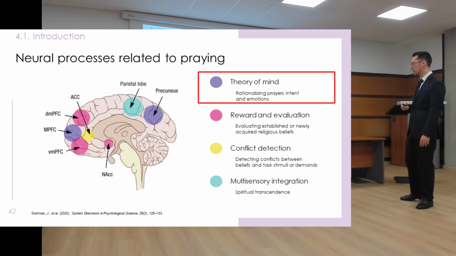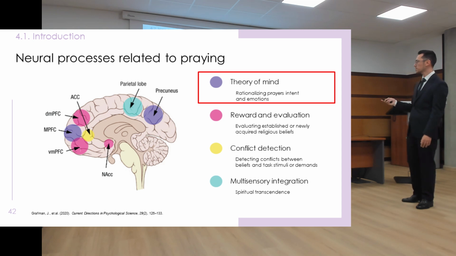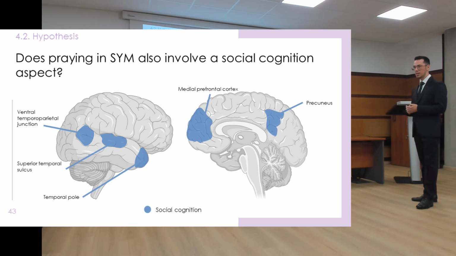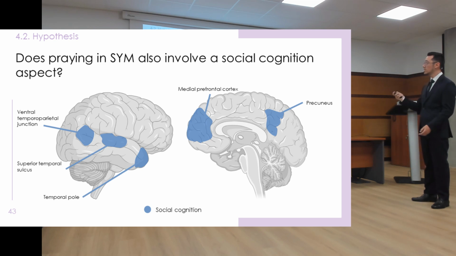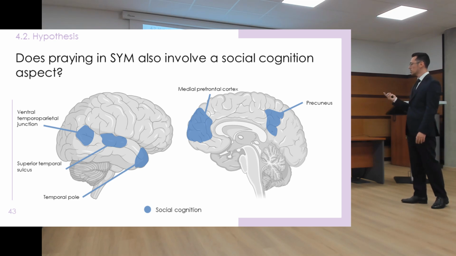So overall, we can say that these findings suggest that praying involves a complex set of neural processes which are known to subserve executive control. So the question that leads to our hypothesis is, does praying in Sahaja Yoga meditation also involve a social cognition aspect?